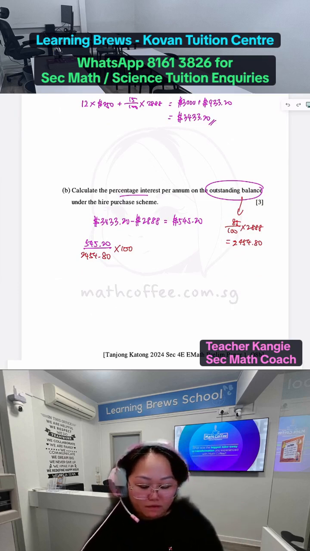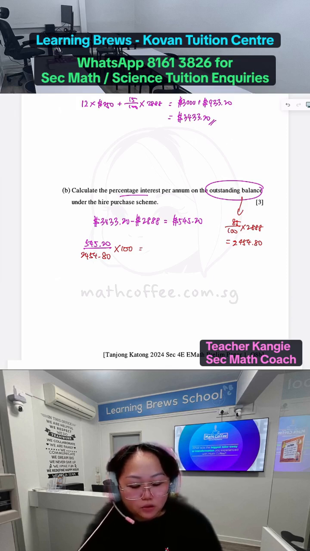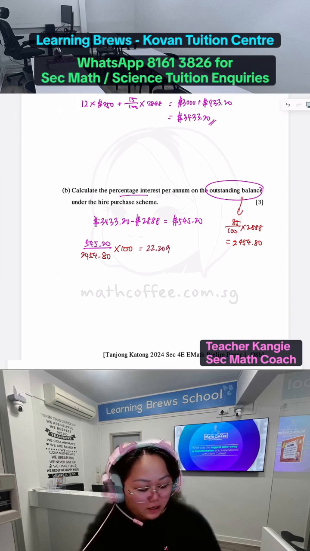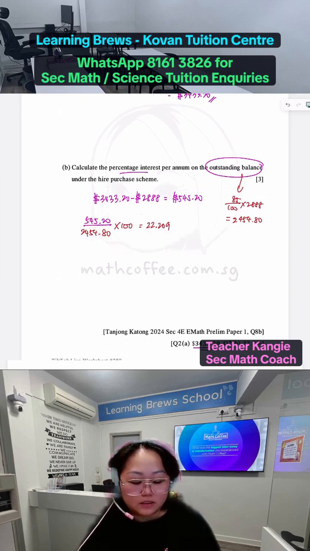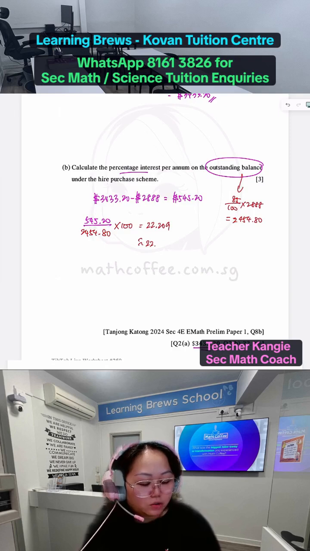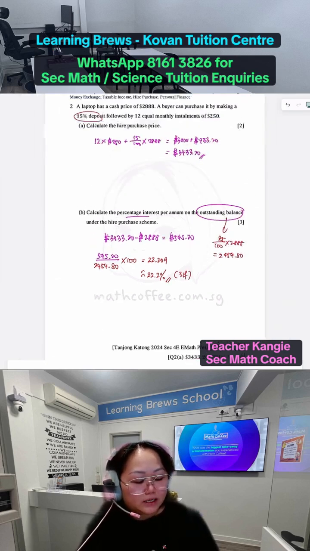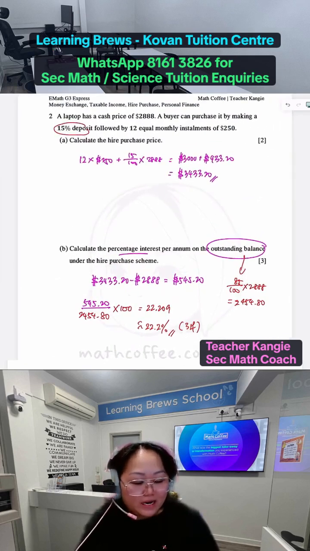So just take $545.20 out of $2,454.80, multiply by 100. So it is 22.209. Wow, this is daylight robbery. This is a very high interest. So sometimes you don't want to just go for convenience, you also need to do a little bit of math. If it's 22.2%, it's really not worth it.